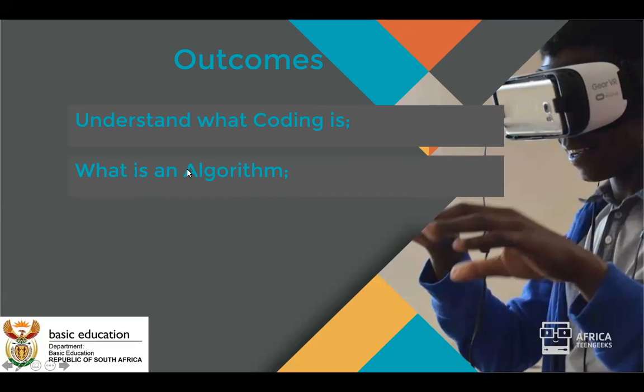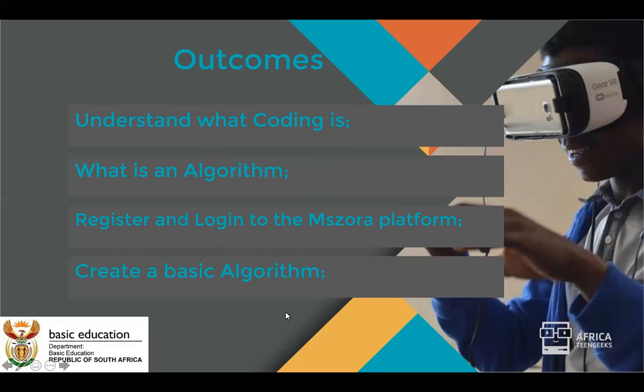It's a nice tongue twister, algorithm. At the end of this session, I would like you to be able to define what an algorithm is. And then we are going to register and log into the Misora platform. I will explain what that is. It is the platform that we are going to use to learn our coding today or during this week. And we are going to create a basic algorithm. All right, so that is what we are going to do today.